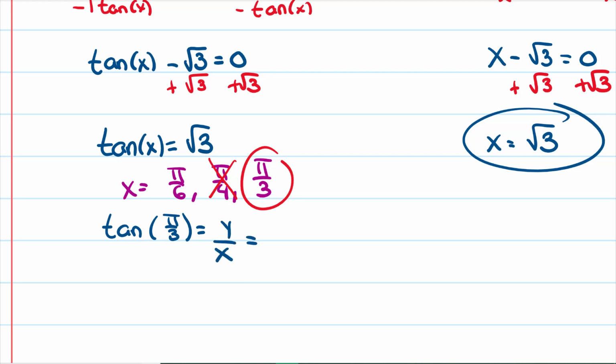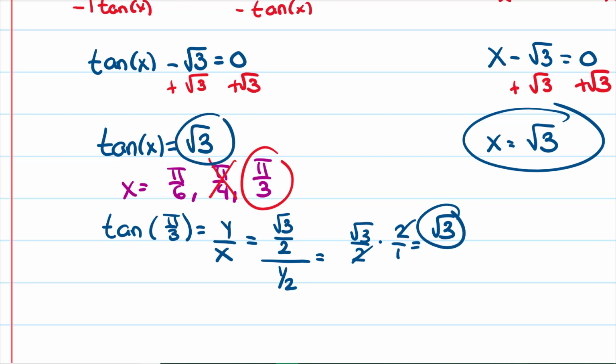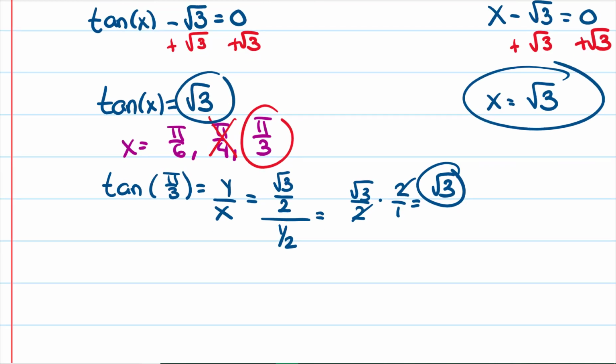At pi over 3, the y value is radical 3 over 2 and the x value is 1/2. So we get radical 3 over 2 times 2 over 1, which is just radical 3. And that's what I wanted. So our x value is in fact pi over 3.